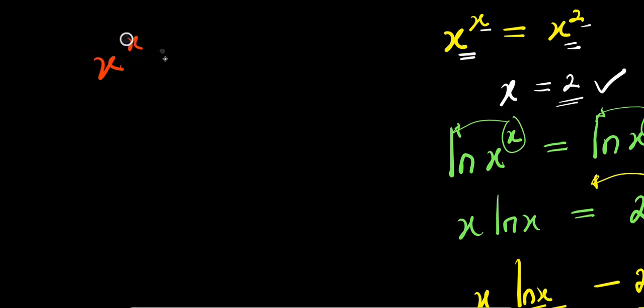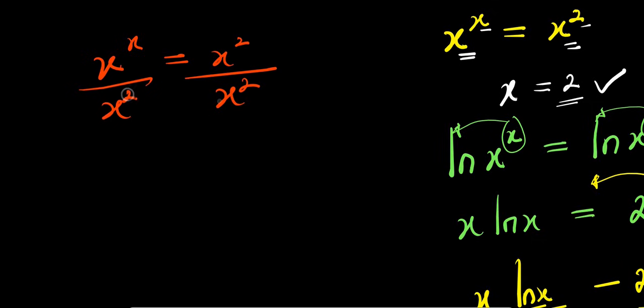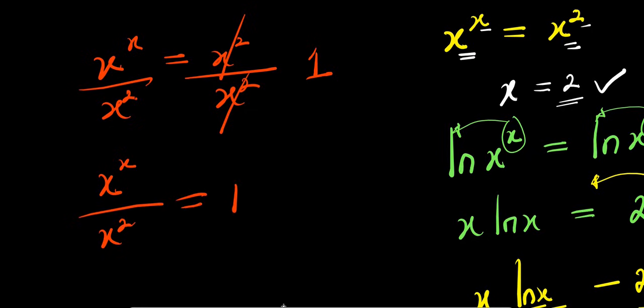It's still x power x equals x power 2. I can divide this by x power 2 and divide this by x power 2. This eliminates this, and we have 1. So that means I'm having x power x divided by x power 2 equals 1.